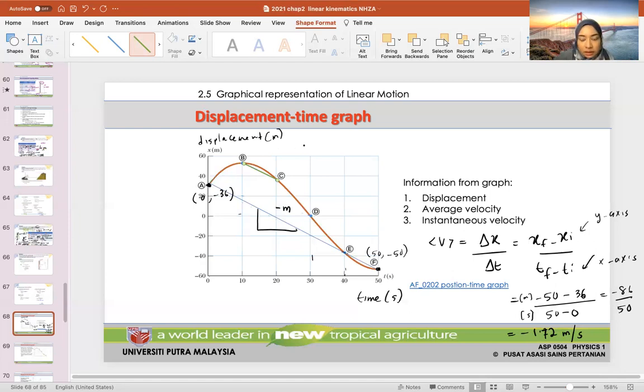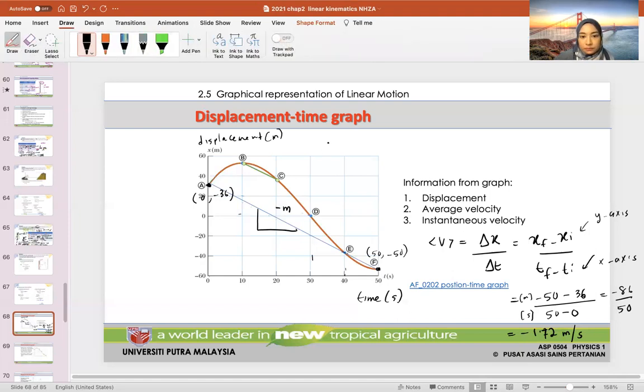So instantaneous velocity V, it doesn't have this sign anymore, is C y final over C x minus B x.